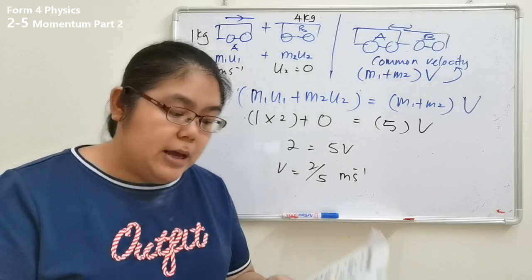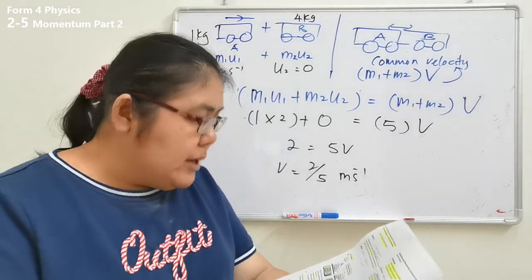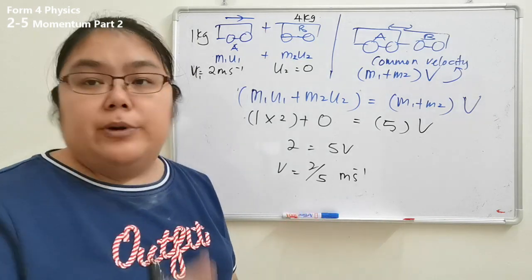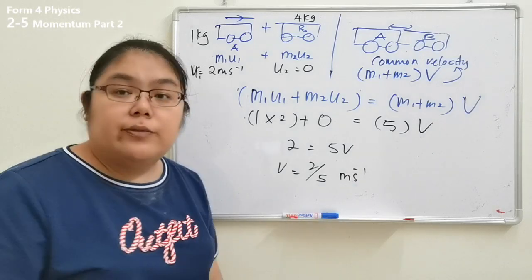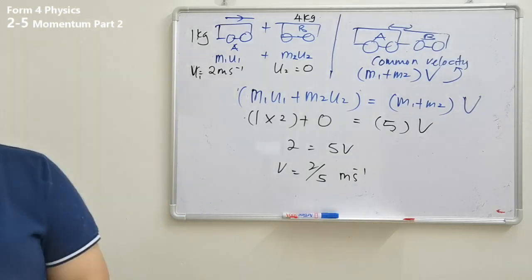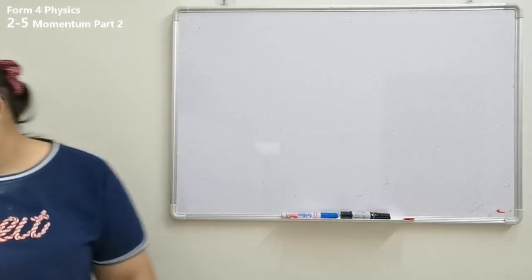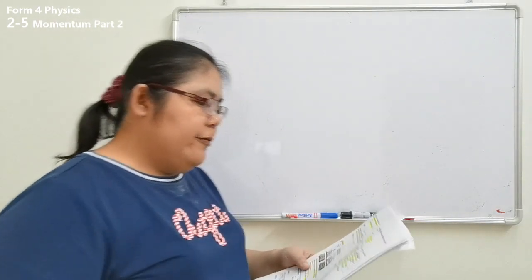Okay, everybody understand? If not understood, you just stop a while, then repeat again what I say. Okay, we can see example 4. Example 4 is one of the questions related to inelastic collisions. Now we do example 4. We go to understand example 4 first.